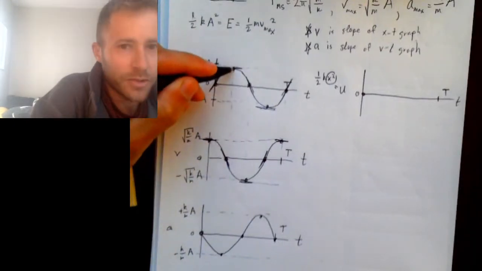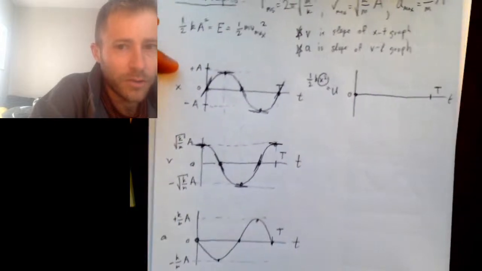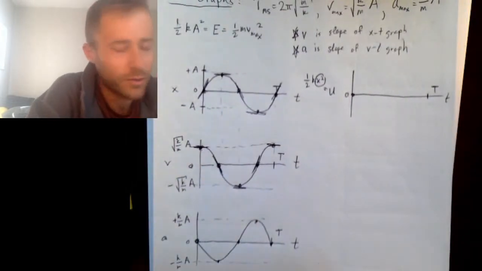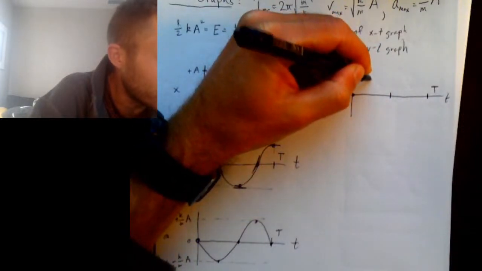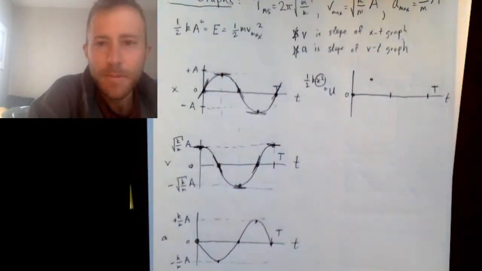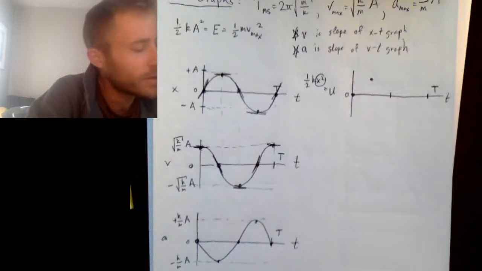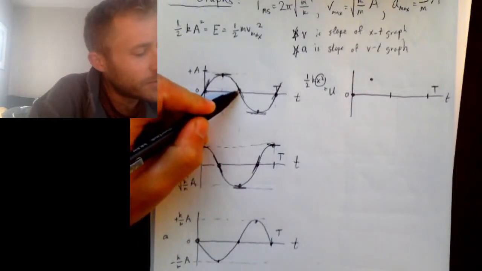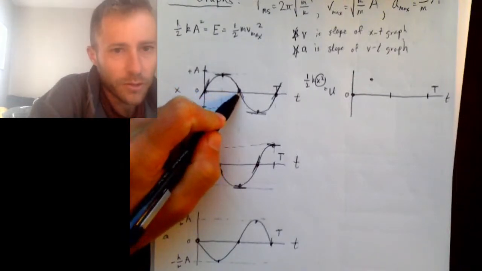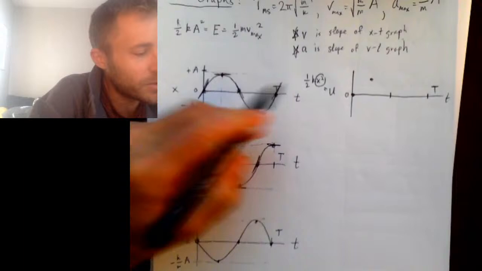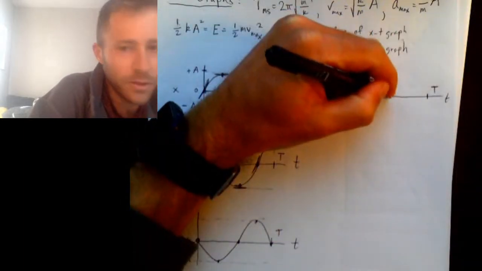Here I have a positive position. When I square a positive number, it is still positive. So at that time, I will mark a positive number for the potential energy. Here, halfway through the period, the position is 0. So when I square 0, I get 0. So my potential energy will be 0.